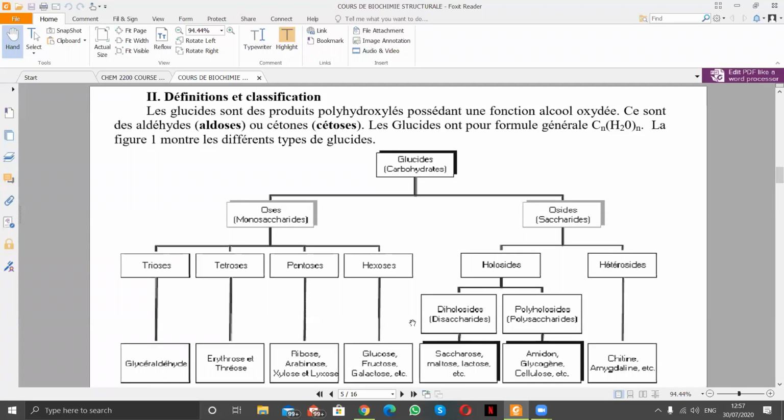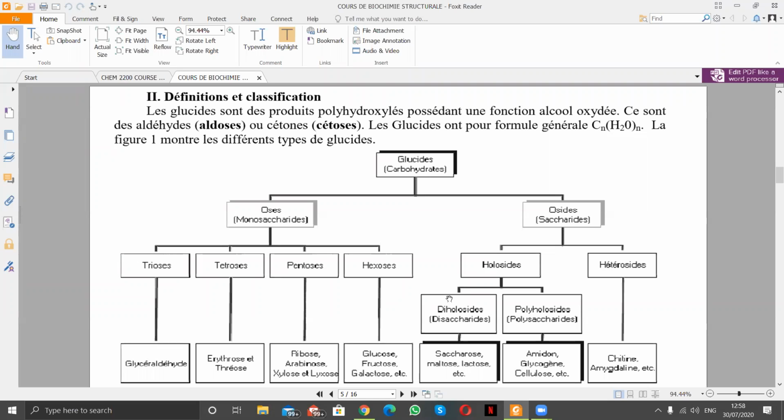I'm still confused. Because I was thinking that since we are talking of homosaccharides and heterosaccharides, maybe homosaccharide will consist of only one type of monosaccharide.